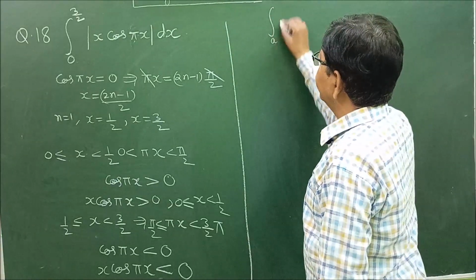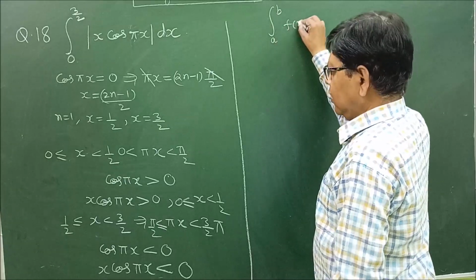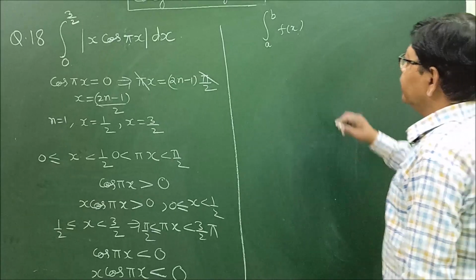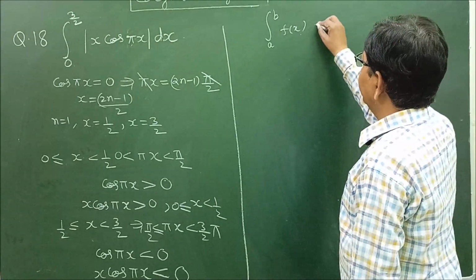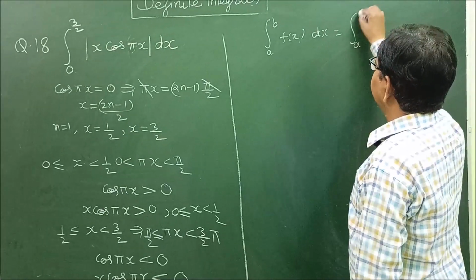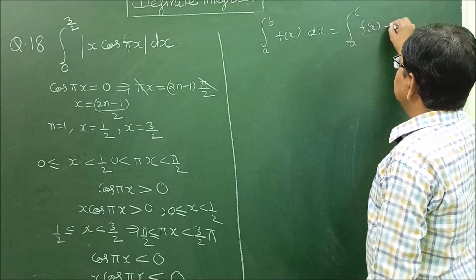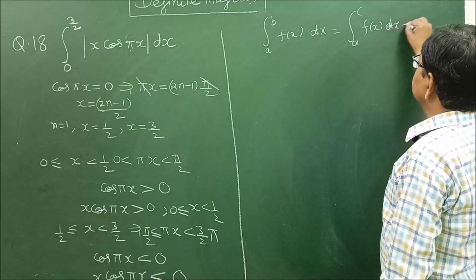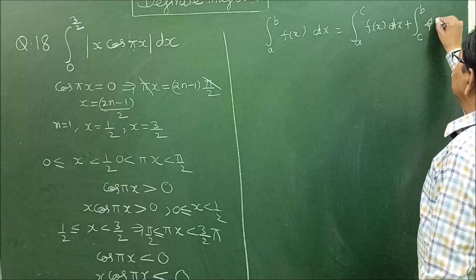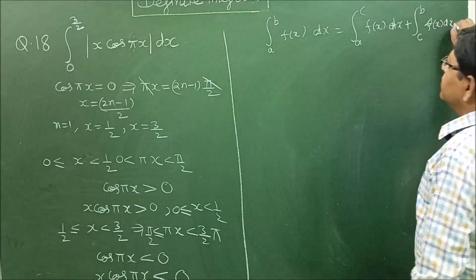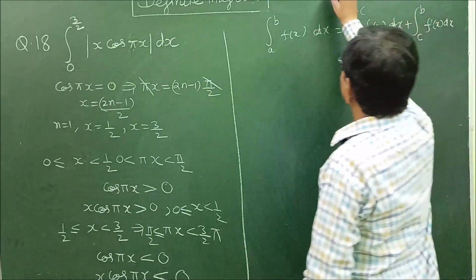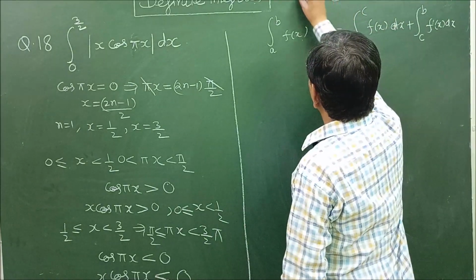If there are intermediate points, here the point is 1 by 2, we can write a to b f(x) dx is equal to a to c f(x) dx plus c to b f(x) dx, if there is a point c which lies between a and b.